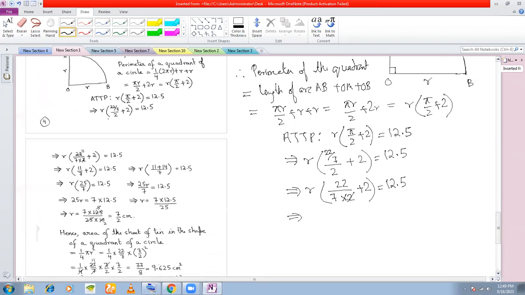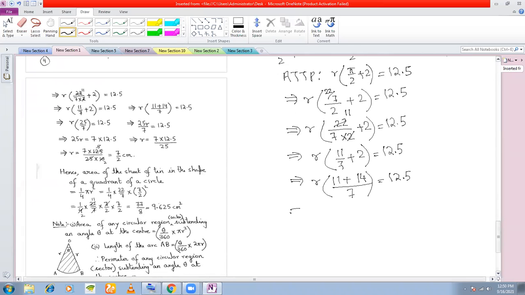Now you can cancel here 11 times. r into 11 by 7 plus 2 is equal to 12.5. So now you have r into 11 plus, if you take the LCM, will be 7. So you get 11 plus 14 over 7 is equal to 12.5. 11 plus 14 will give you 25. So this will be 25 r by 7 is equal to 12.5.